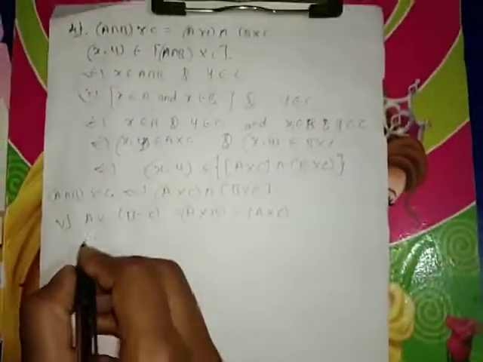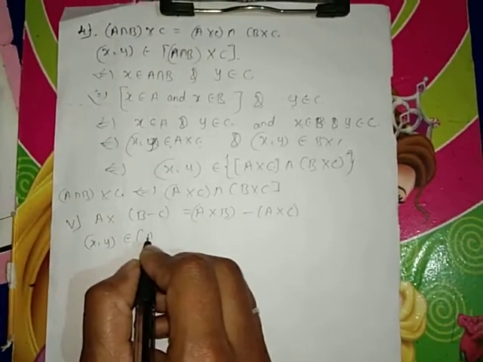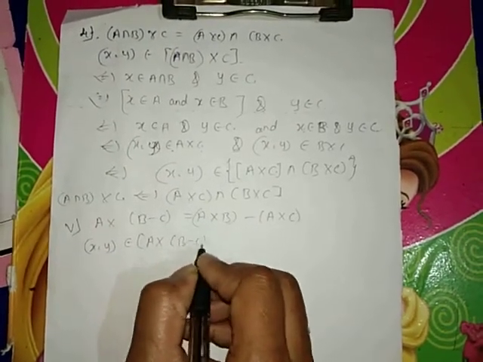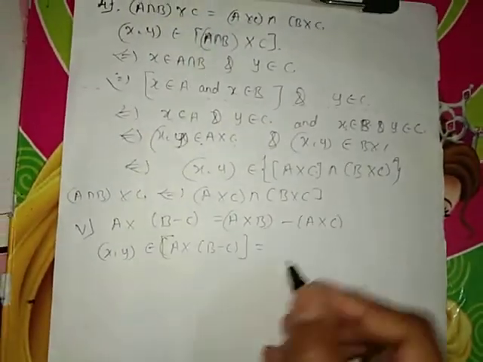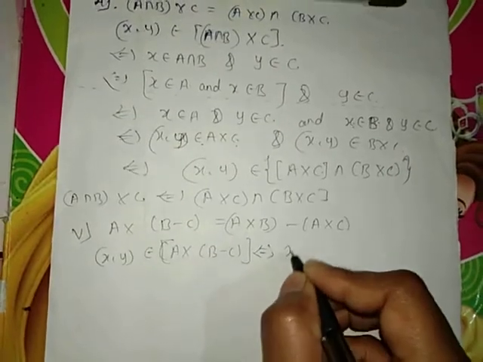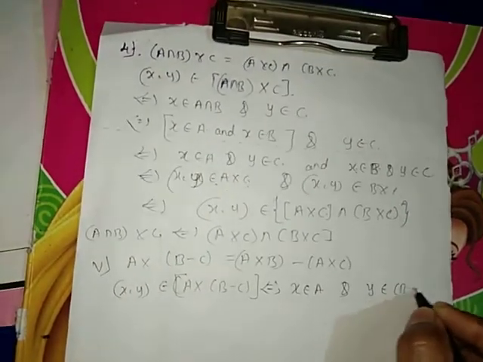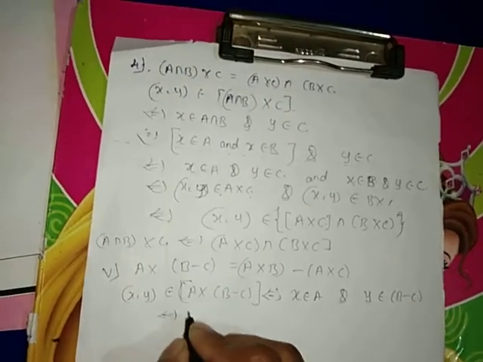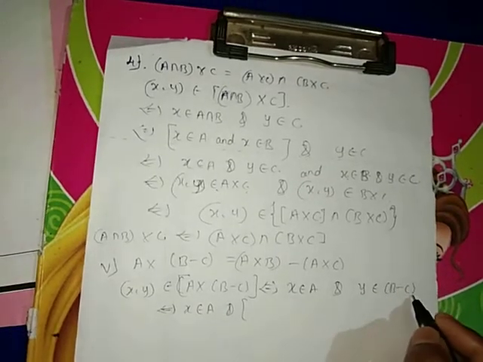So consider the ordered pair x comma y that belongs to A cross of B minus C. x comma y belongs to A cross of B minus C indicates that x belongs to A and y belongs to B minus C.